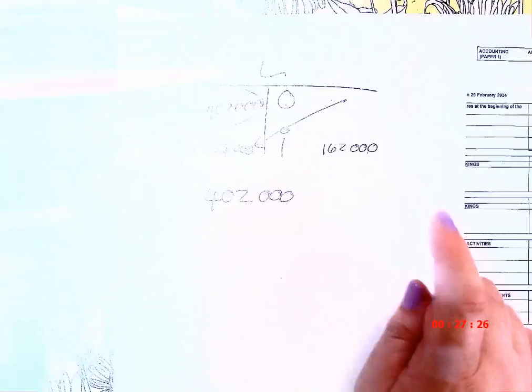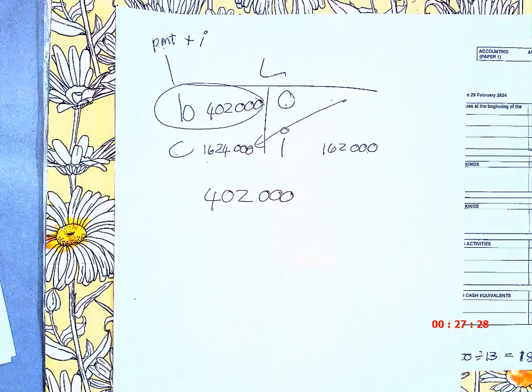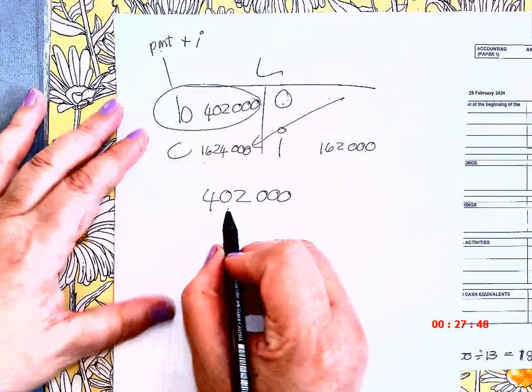It will decrease by 5%. Now, how will I know what is the capital amount? Why will it decrease? Because the loan is reducing. No, but the capital portion should actually increase. But okay, let's go on.